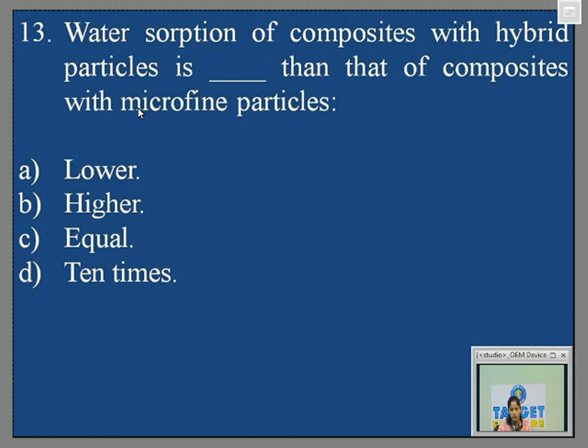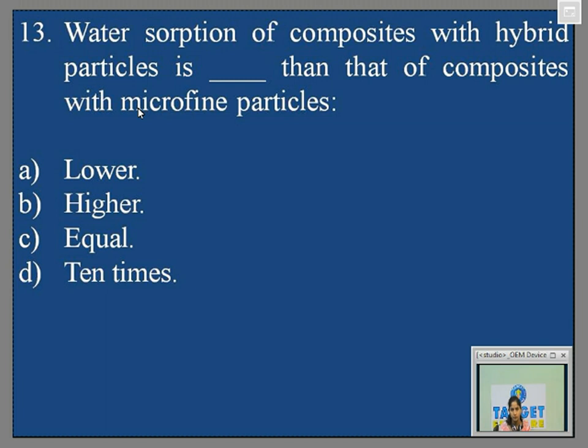What absorption of composites with hybrid particles is what than that of composites with microfine particles? We are now discussing the 13th question, that is, water absorption of hybrid composites is dash as opposed to composites which are microfilled.